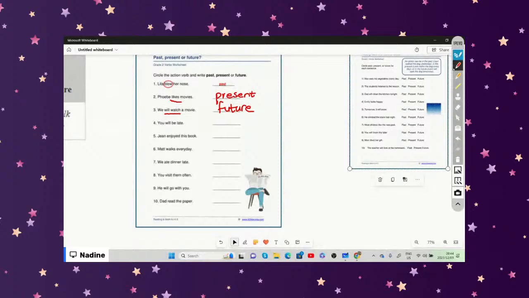You will be late. What is the action verb? And does it show the present, the past, or the future tense?